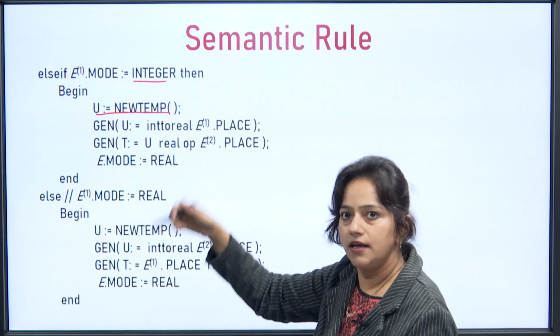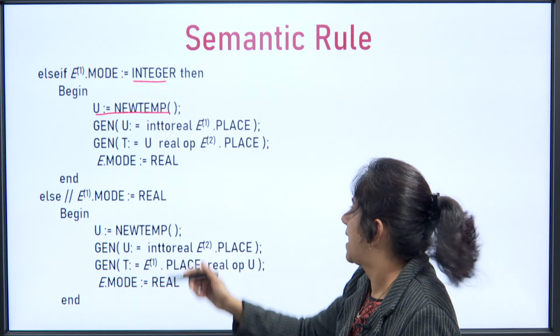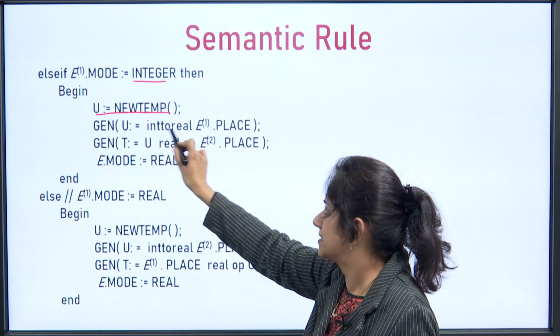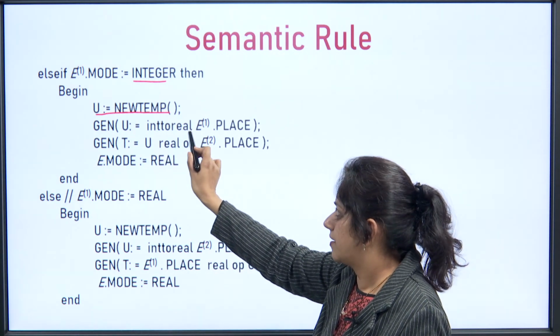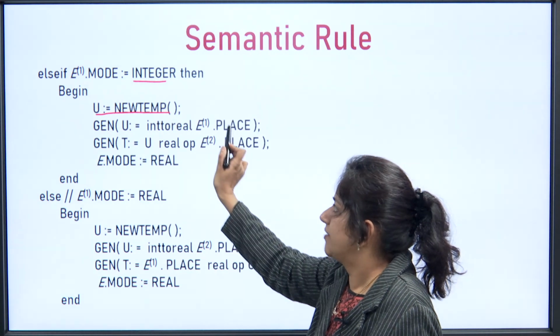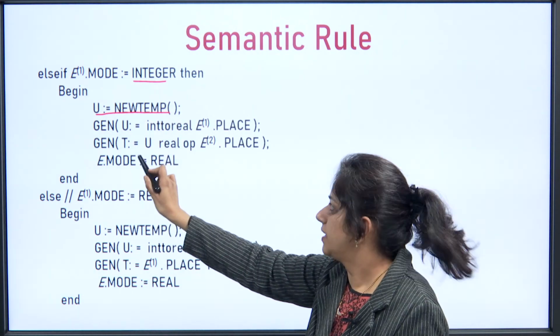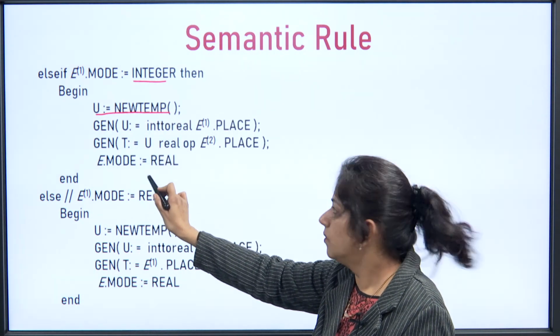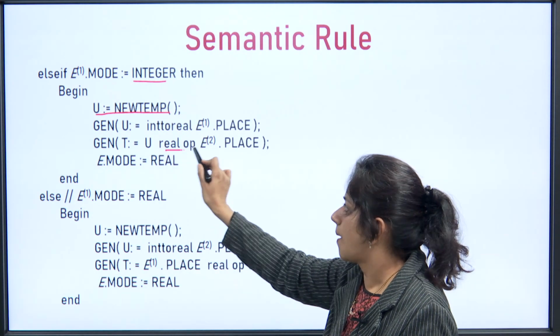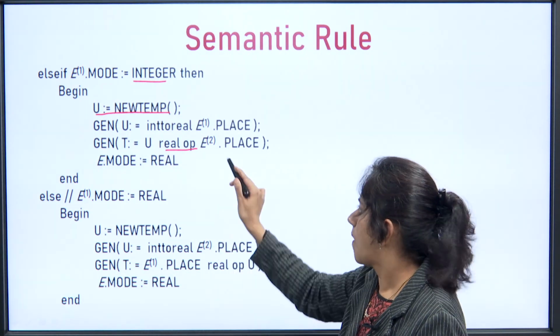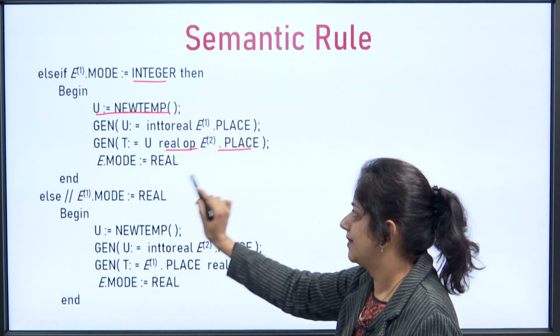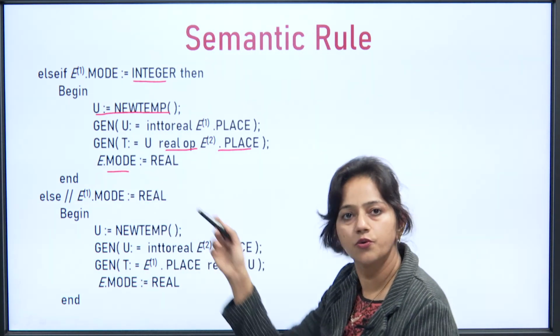During compilation itself we translate this integer to real and store it in u. Then we compute t equals u with the real operator applied, and set E.mode to real.